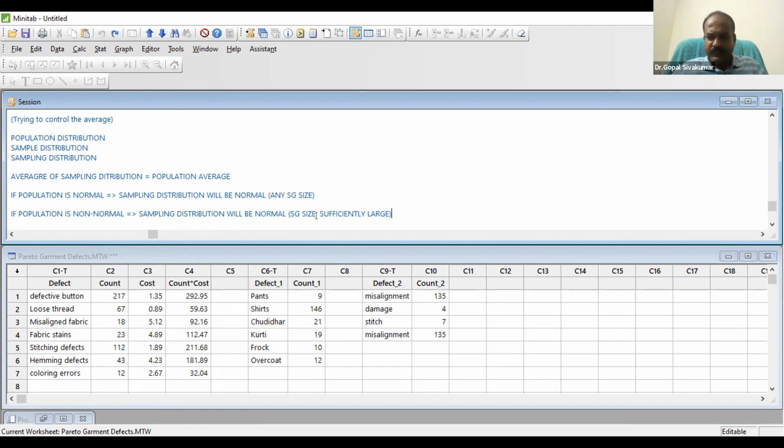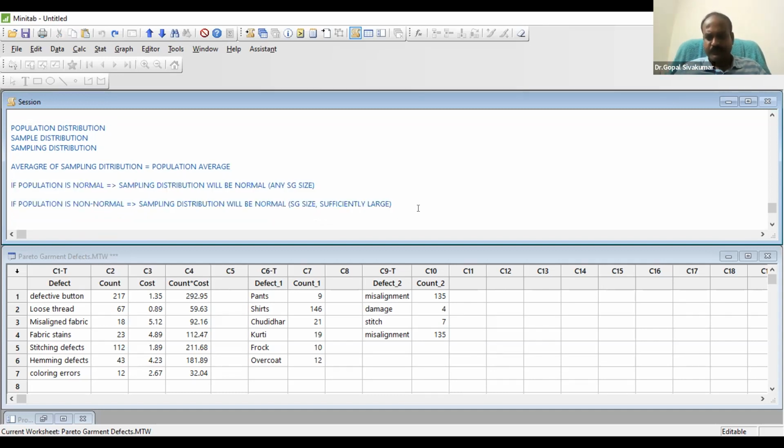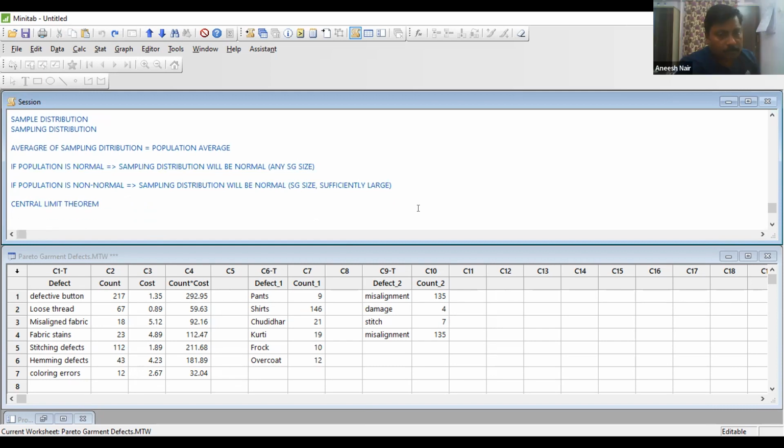These two statements are nothing but the central limit theorem. This is the reason why you are always collecting multiple samples when you are going for inspection. This is the reason why you always try to monitor the average, not the individual value.